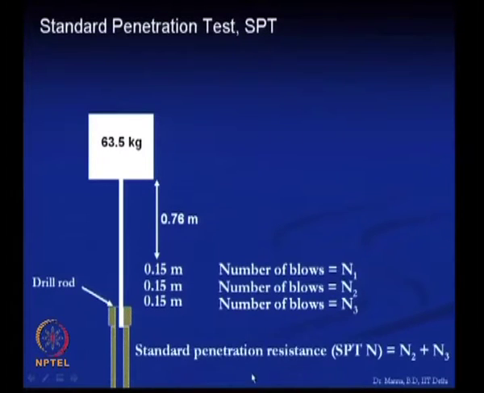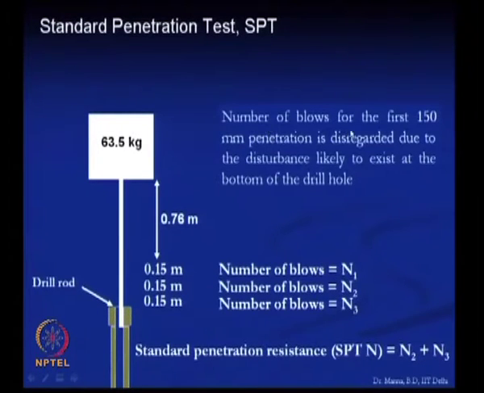The standard penetration resistance, or SPT value N, is the summation of the last 2 blow numbers, that is N2 plus N3. The number of blows for the first 150 millimeter penetration is neglected due to disturbance existing at the bottom of the drill hole. Because of this reason, the first 150 millimeter penetration number is neglected.